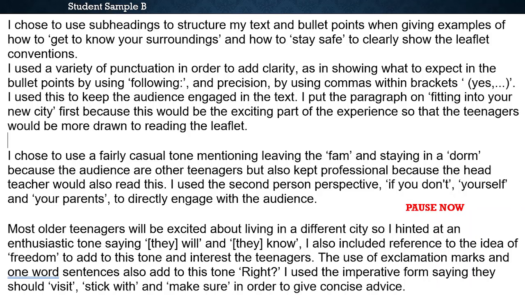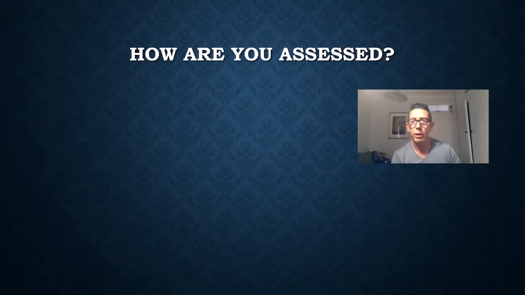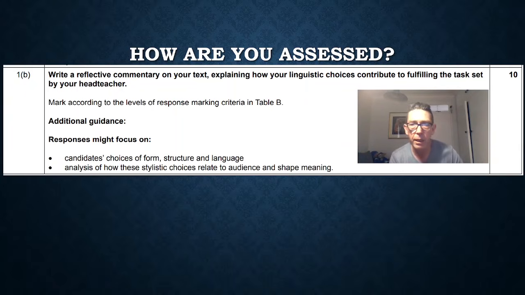Let's have a look at how you're being marked. So, how are you being assessed? This is not the only information, but this is the guidance that examiners are given. The guidance says the responses would focus on form, structure, and language.